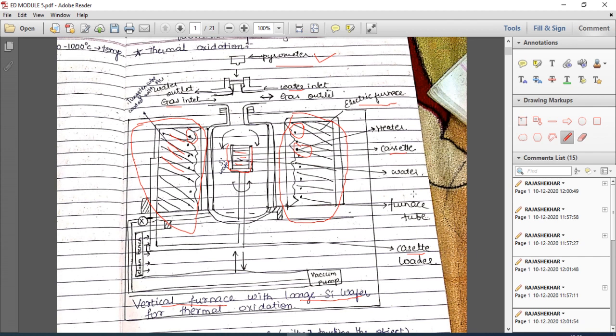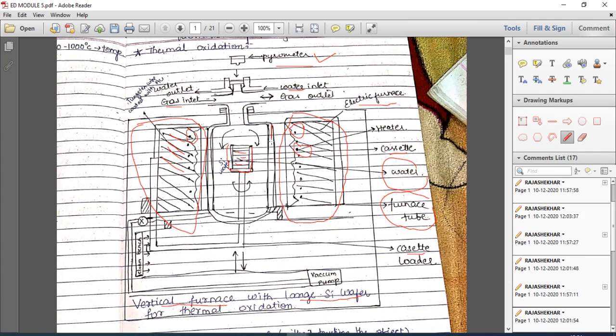Next is here, this one, water. Within this cassette, we are going to put water. That water will be used for oxidation, with reference to the quartz here. The last is the furnace. Here the role of the furnace tube is to establish the desired temperature.